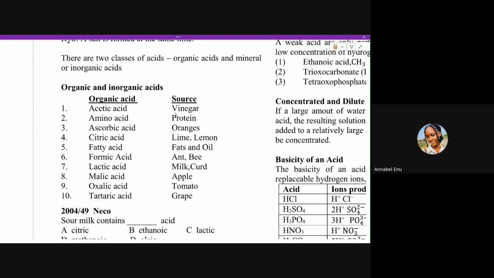Also fatty acid, formic acid, they are found in things like ants and bees and so on. So there are different kinds of acids found in these natural things that we consume every day, and they are safe, right?